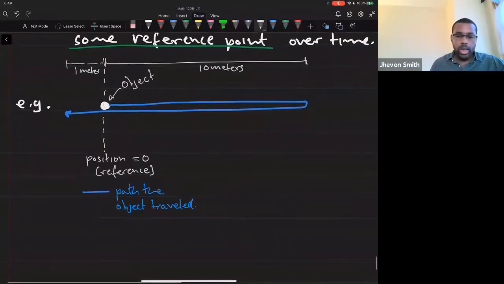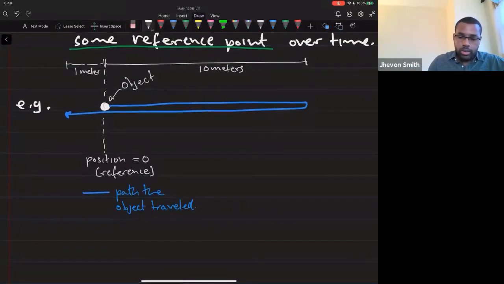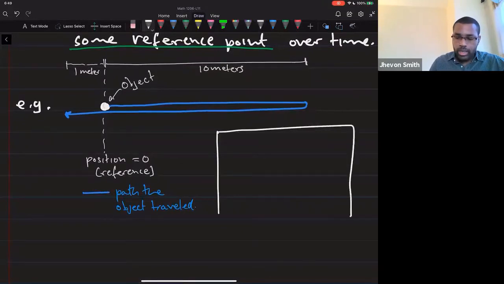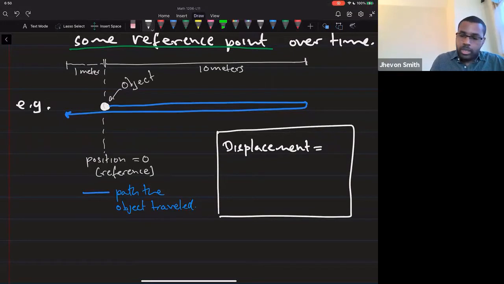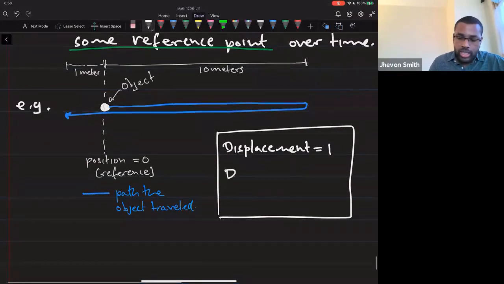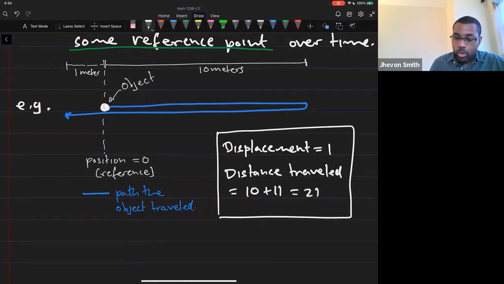Then in this scenario, the displacement is 1, whereas the distance traveled is 10 plus 11, which is actually 21 meters, right?